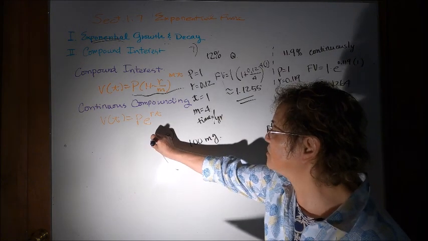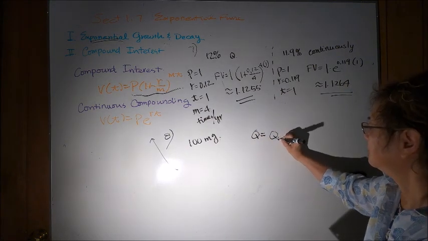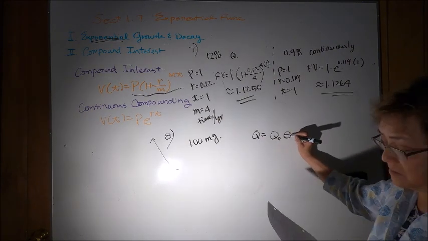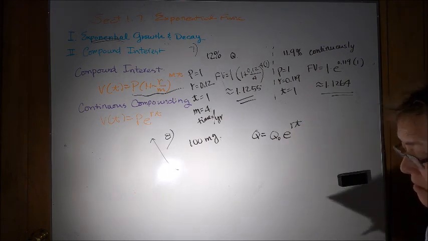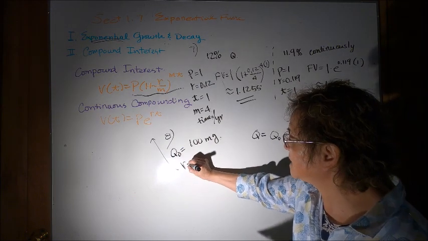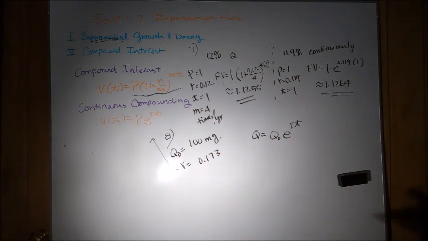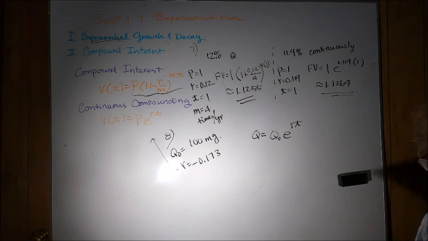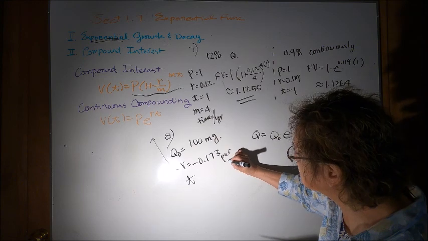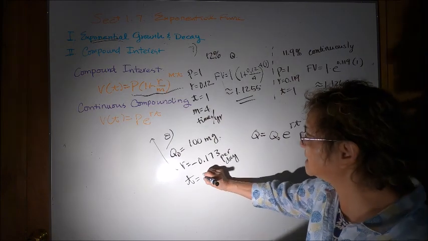So we use this formula. Your quantity is what? Starting from the beginning, time 0, times, that's your principal, same thing, times e to the rt, right? So you start from 100 milligrams, your rate is what? 0.173, but it is decay, so we need to use what? Negative. The decay rate is per day, so your t will be in days. So how many days? 3.